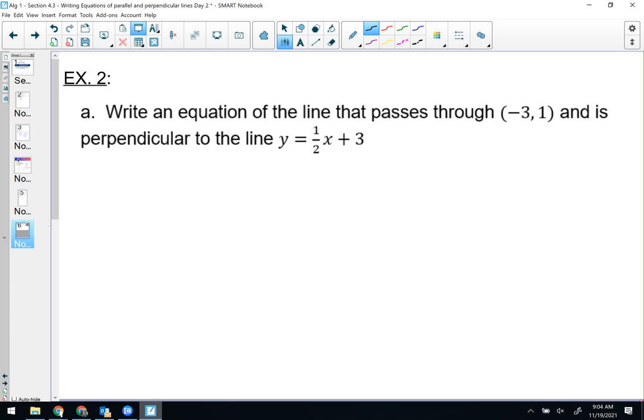So I'm going to say old is 1/2 because I have to do something to that slope, don't I? I can't just take that slope and use it. That would be a parallel line. I've got to do something to that slope. So I'm going to call it old and transfer it into something new.